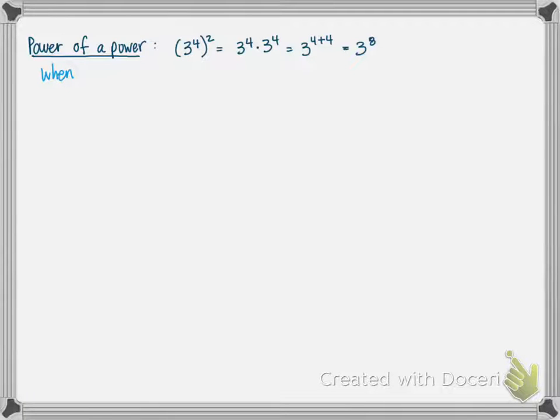When raising a power to a power, so exponent to exponent, if I did 4 times 2, that would give me the 8. So that's going to be the key thing we're going to do. We're going to multiply the exponents.